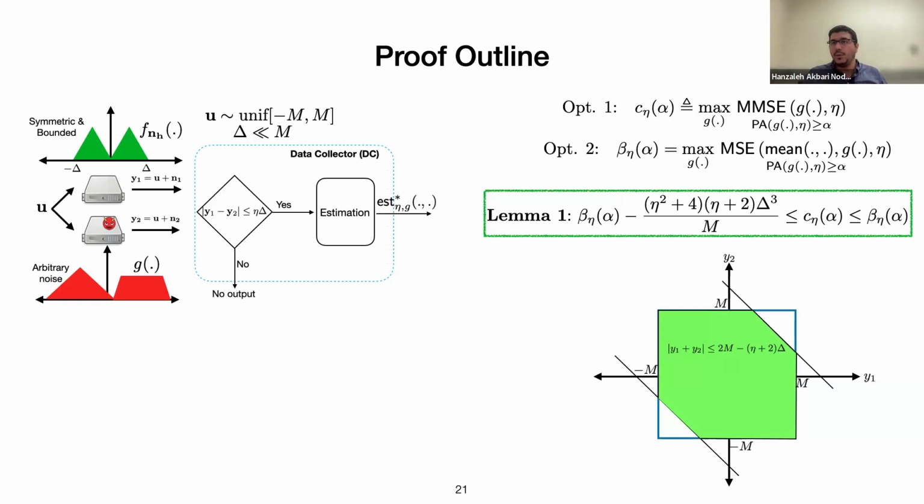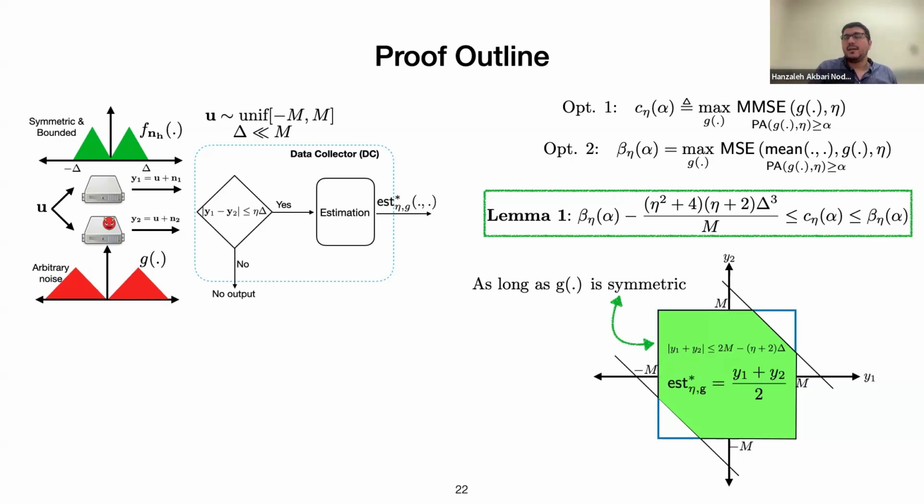We show that for this green area, as long as the noise of the adversary is symmetric for this green area, not for the whole area, the best estimation function is the mean, y1 plus y2 divided by 2. We will show this. And here you can observe that if m is by far bigger than eta and delta, it means that this green area is almost all of the areas.